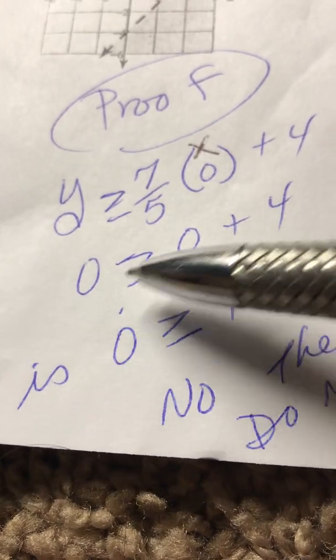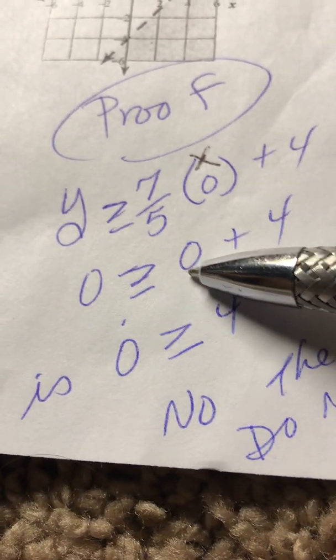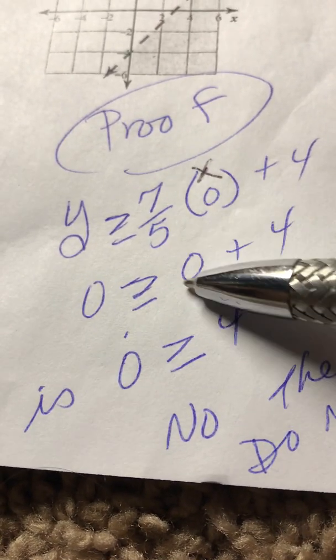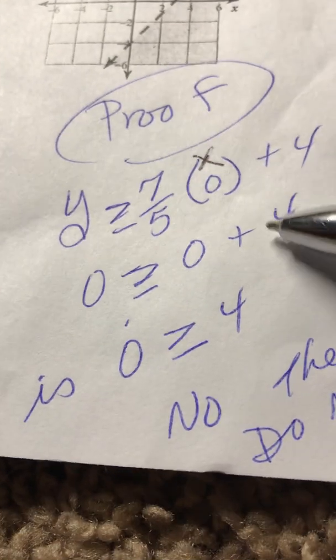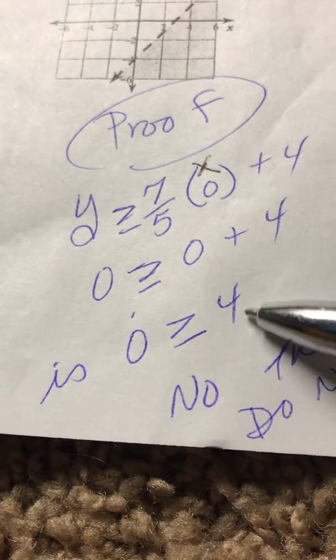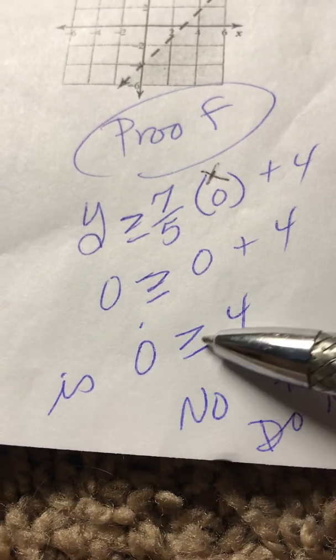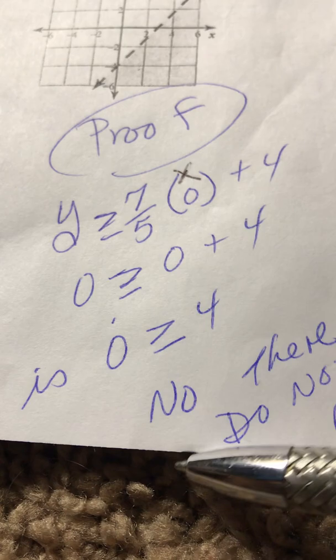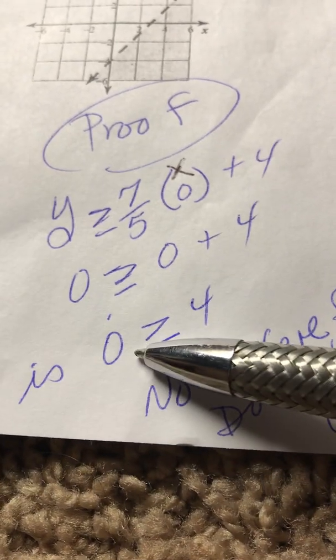Anything times 0 gives you 0. So y is equal to 0 plus 4. Is 0 greater than or equal to 4? No. 0 is not bigger than 4.